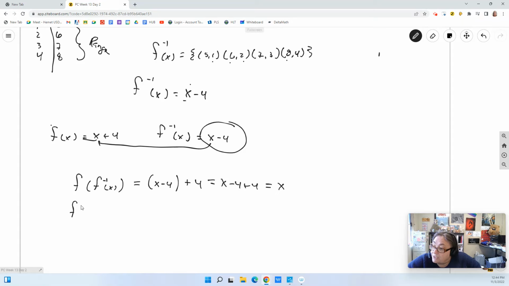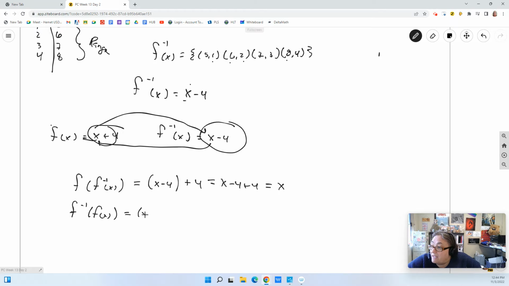But what about the other direction? What if I need to plug in f of x into the inverse to prove that? We're just going to do the opposite. We're going to take this now and plug it into this x, right?